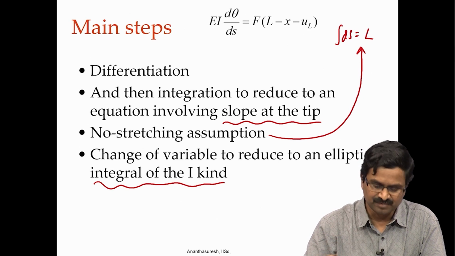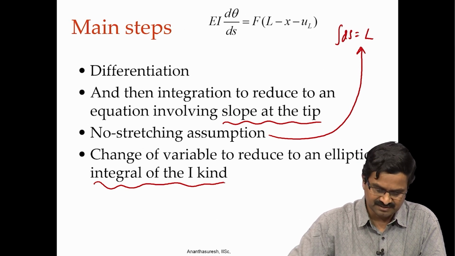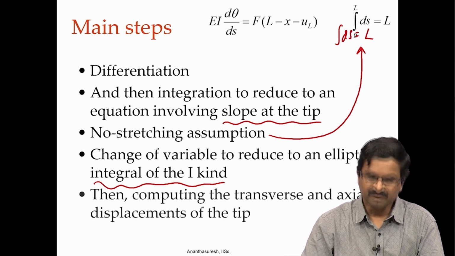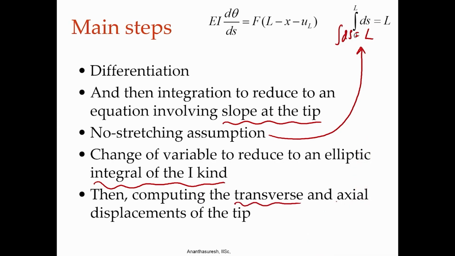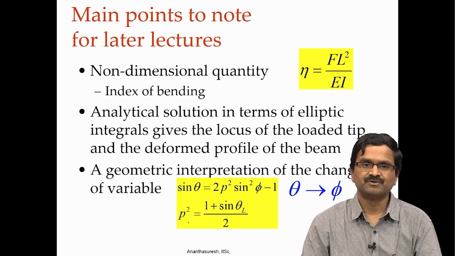So, we have reduced that thing to a numerical solution in one variable involving elliptic integrals, and finally, we also saw how to get transverse and axial displacements of the free tip, and also we can get for any point on the profile of the beam. So, you can get the entire deformed profile.